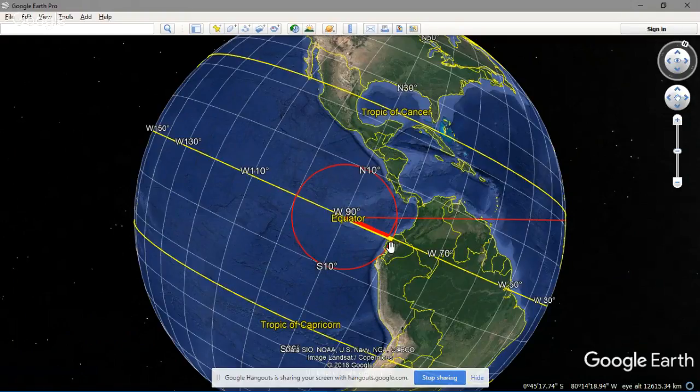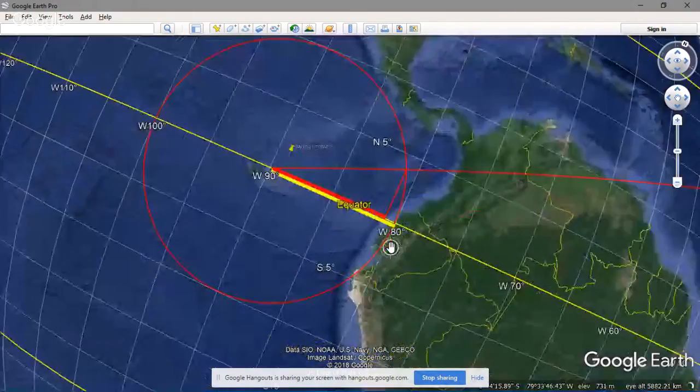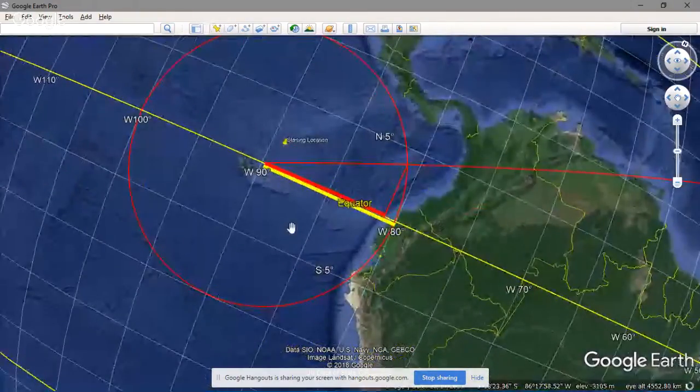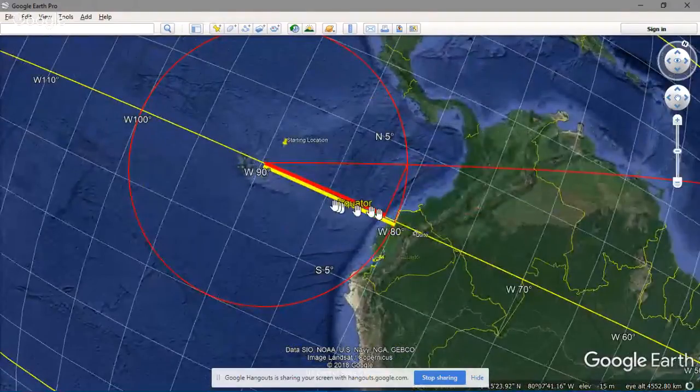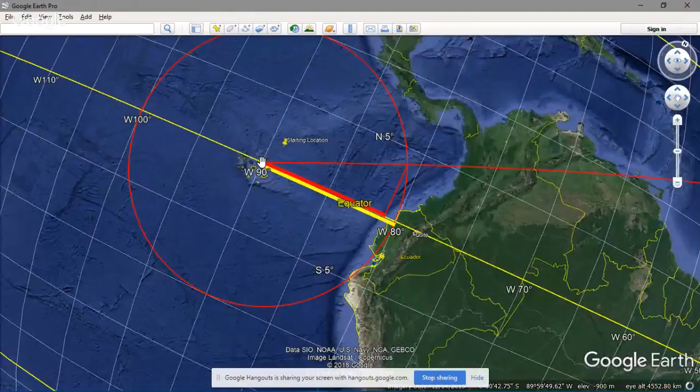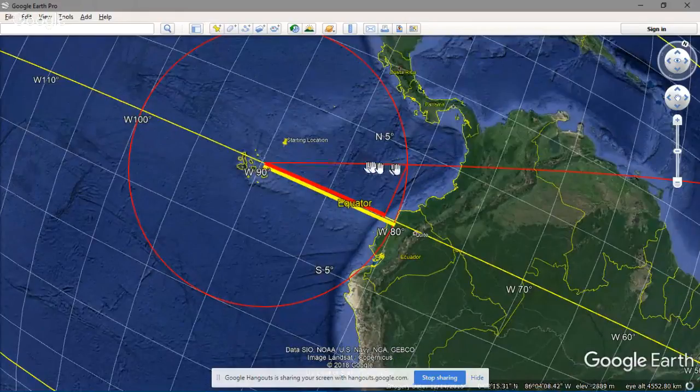So this is at 10 degrees, this longitude moving from here to here, while the sun, because of the Earth movement, moved 10 degrees from here to here. It didn't cover the same longitude distance.